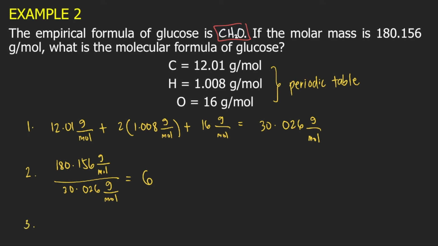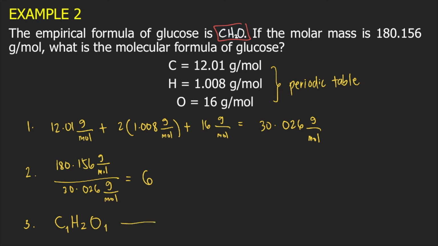And then what you do with the ratio, again, you will multiply the subscripts of the empirical formula by the ratio. So CH2O is just the same as C1H2O1, right?